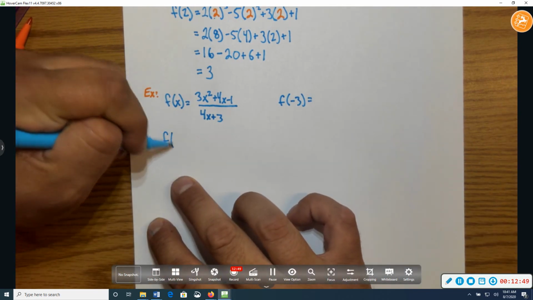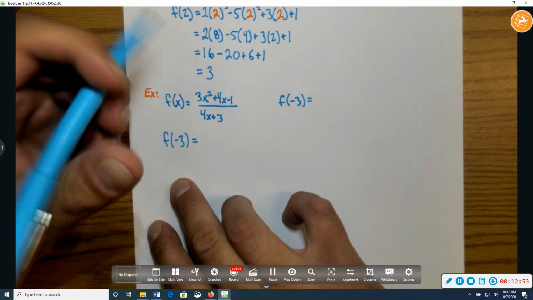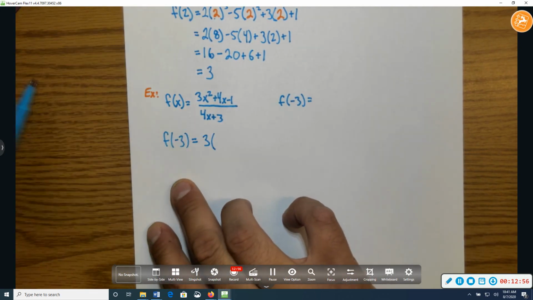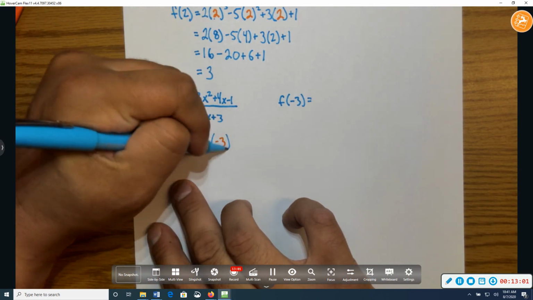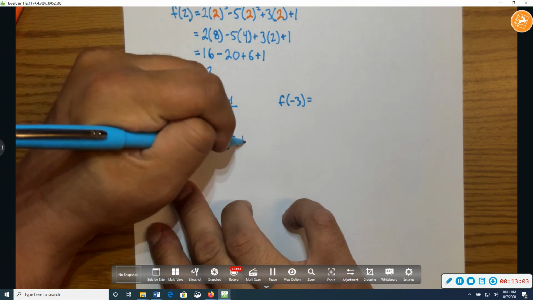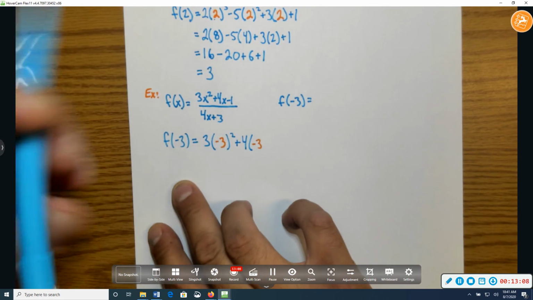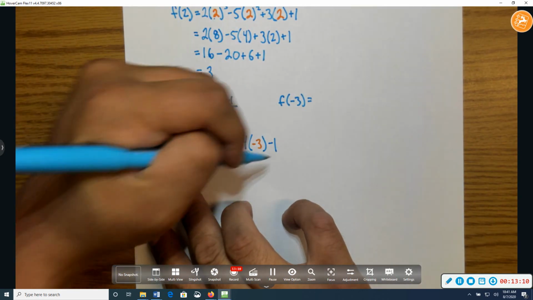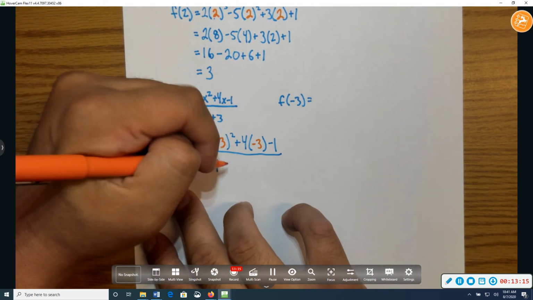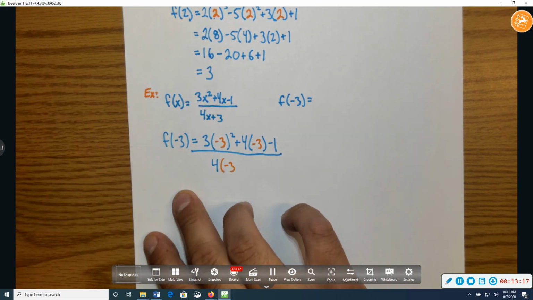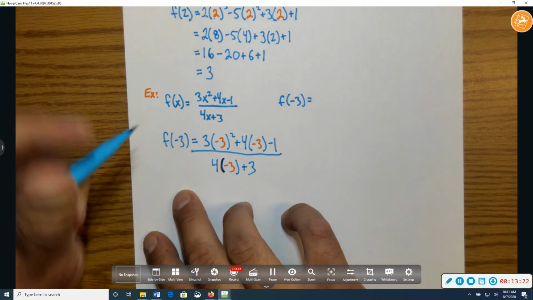So f of negative 3 is equal to 3 times negative 3 squared, I just plugged it in for that x, plus 4 times negative 3 minus 1, all over 4x, well, we're plugging in negative 3, so it's going to be 4 times negative 3, plus 3.